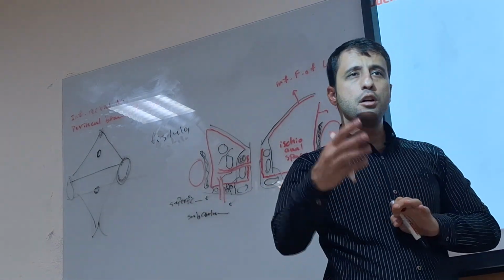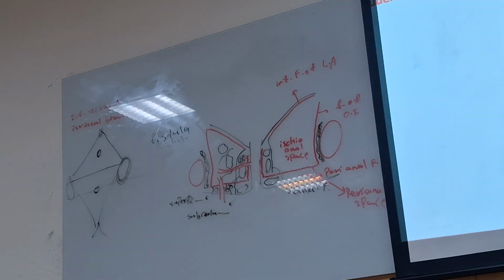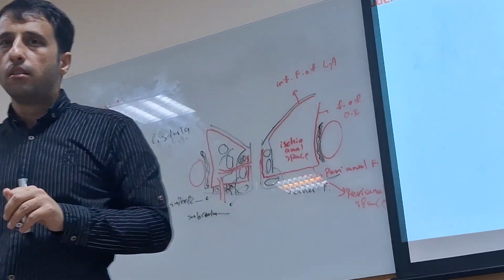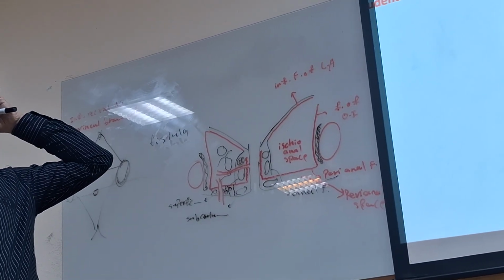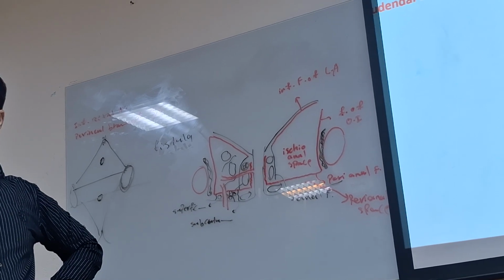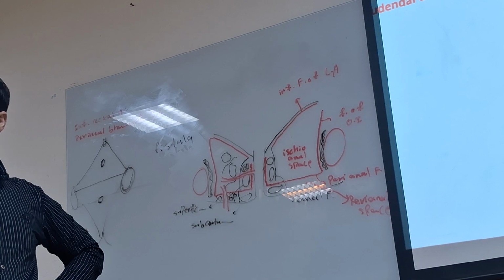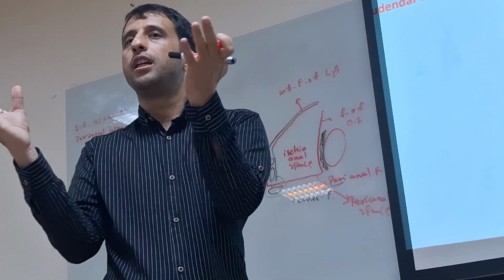But in this area you can see another structure. Look at this structure. What do you think about this structure? Which nerve and which artery? I am talking about the perineum.